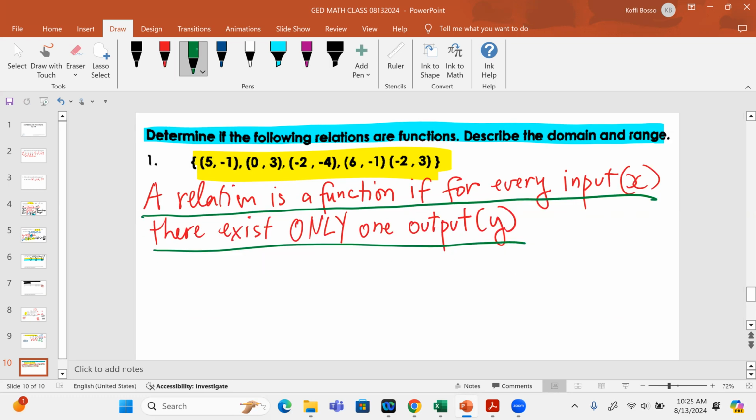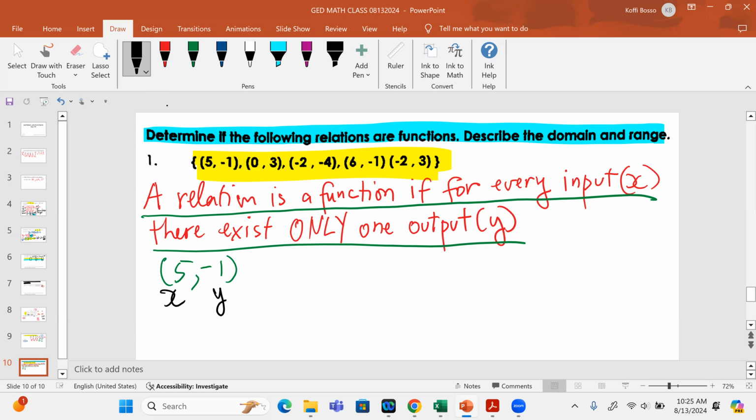Let's solve this and let's explain it, and that will help you to solve the next question. The answer here is no, it's not a function. Let's explain. So in the first bracket, we have a 5 comma negative 1. The 5 represents what? The x. And the negative 1 represents the y. Good?